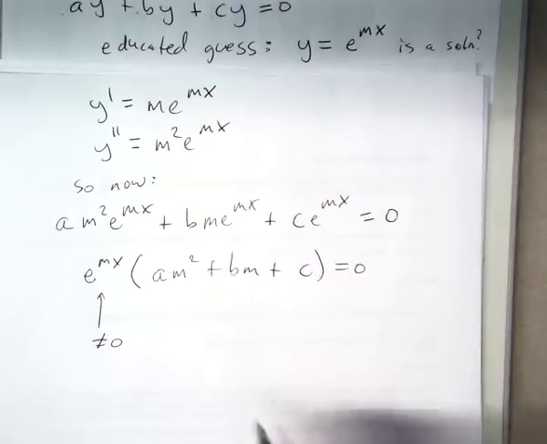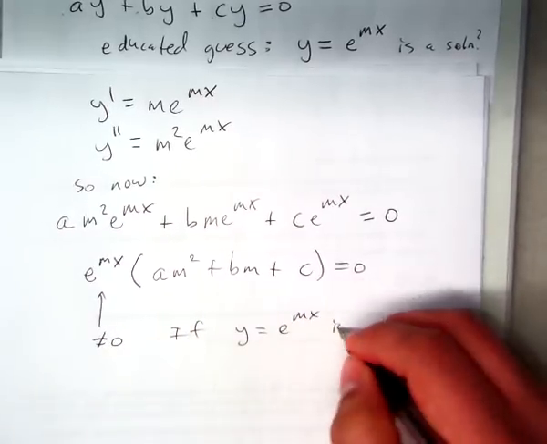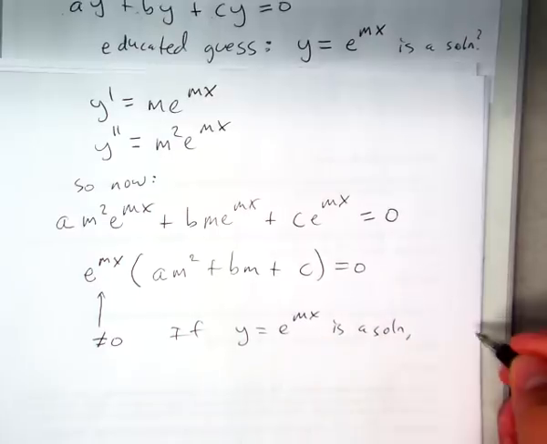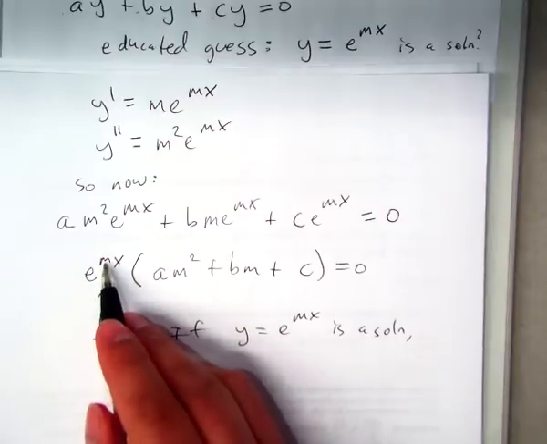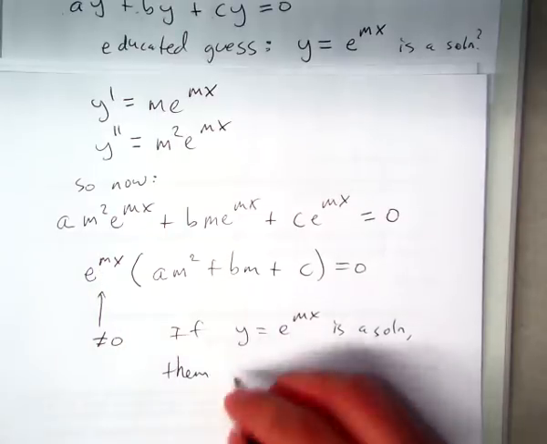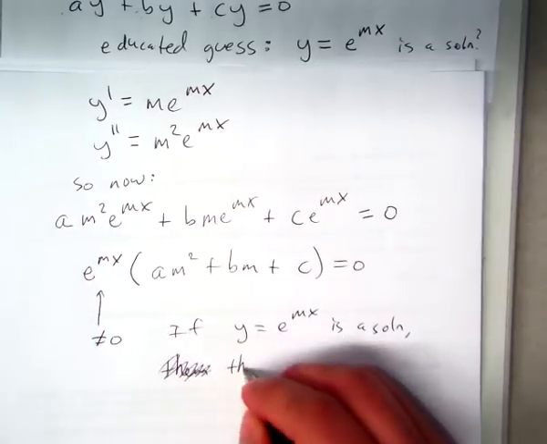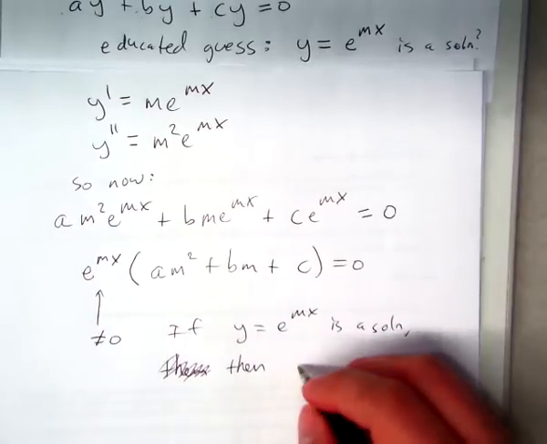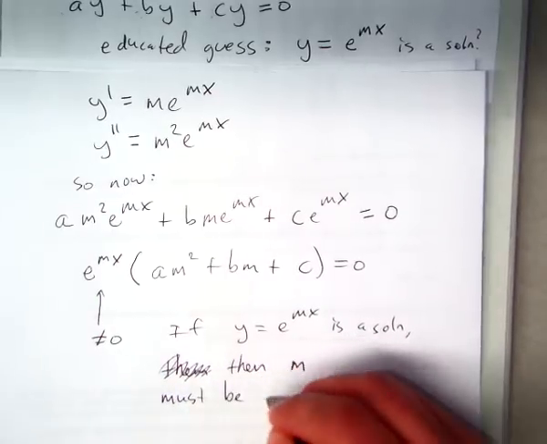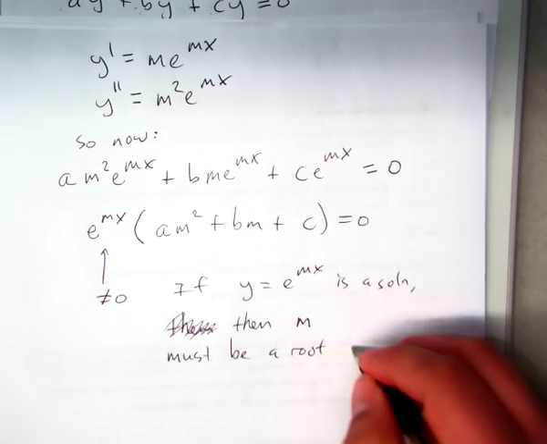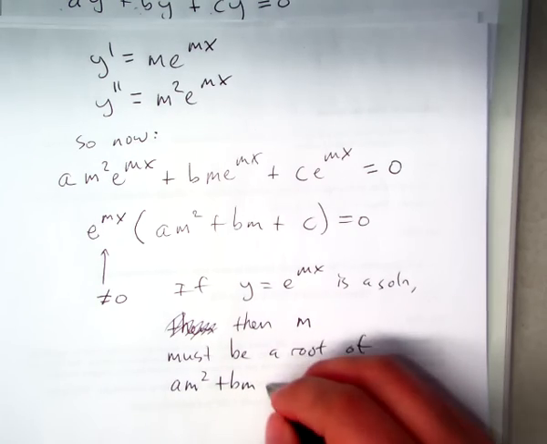So that means that if y equals e to the mx is a solution, then m, this m up here, which is also in this quadratic, right? Did I just write them? Sorry, my brain was a half step ahead of me. Then m must be a root of am squared plus bm plus c equal to 0.